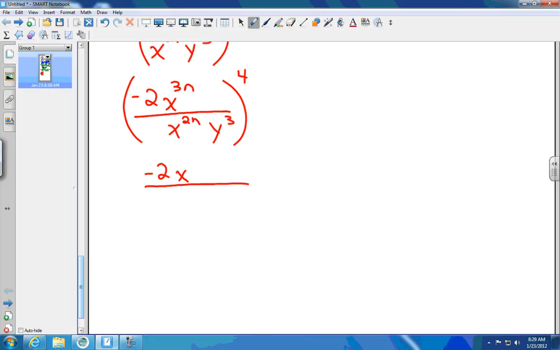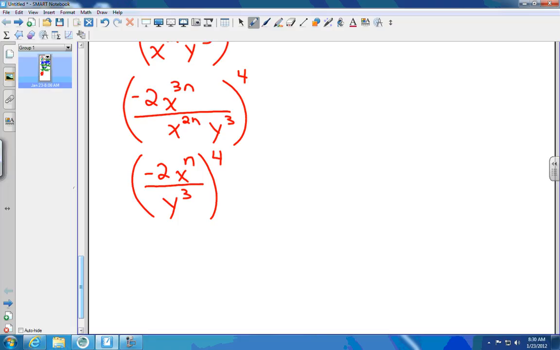So -2x to the n, and then we don't have anything with the y to the third. We can't simplify there, so we're just left with y to the third. Once you've simplified that, you don't have to worry so much about keeping your variables lined up since there aren't any common ones anyway. And then we still have raised to the fourth.